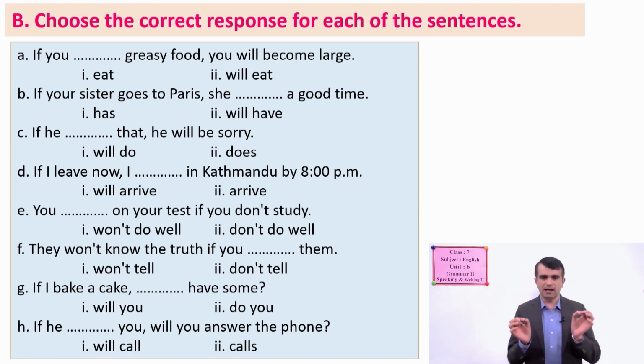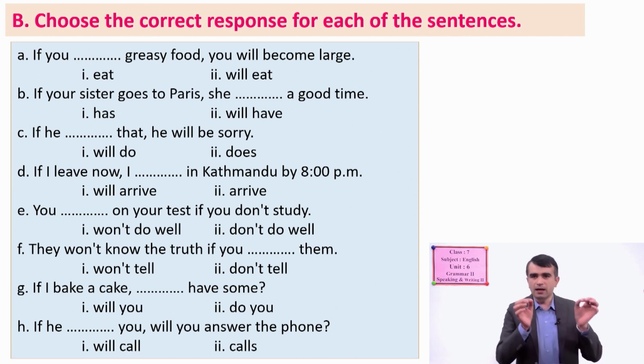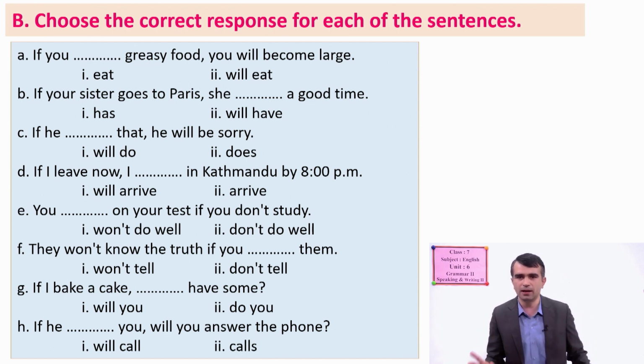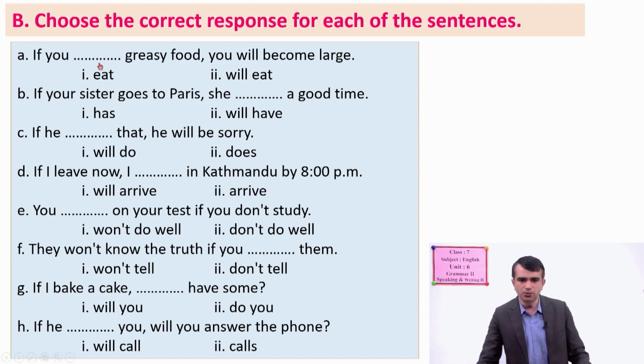Now remember that the if part sets a condition, and if that condition is met, the second part will probably happen. Okay? So here you can see the if part: if you eat greasy food, you will become large. Now will plus infinitive is given in the main part.